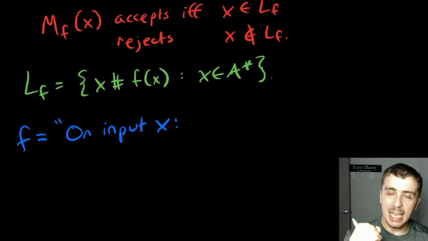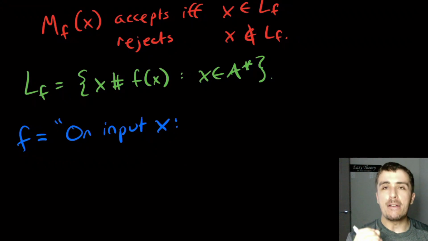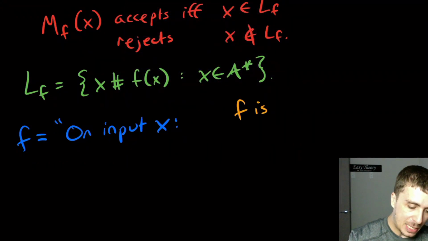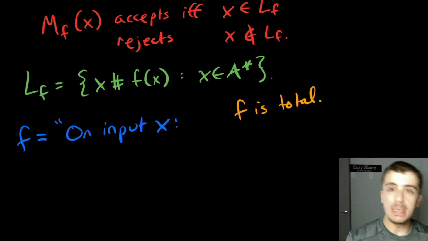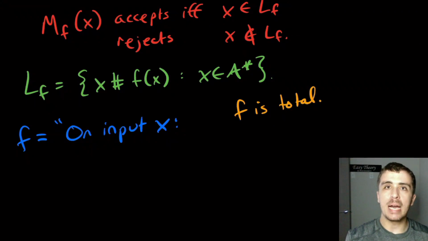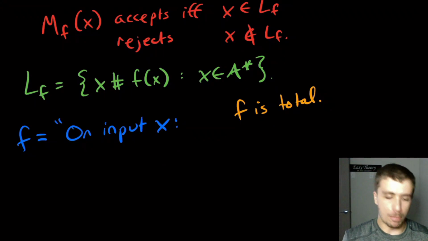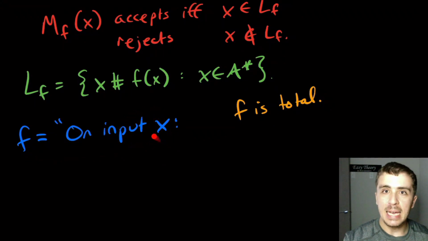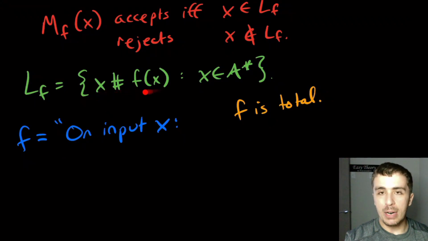But I don't know what that actually is. But here's the key: we know that f is total. Remember, f is a total function, which means that no matter what input you get, you always have a defined output. So no matter what input this function f gets, that means that there is something of the form x pound sign something that is in L sub f.